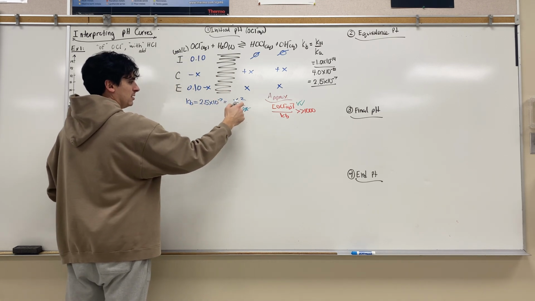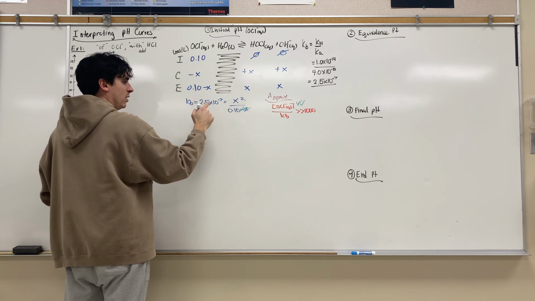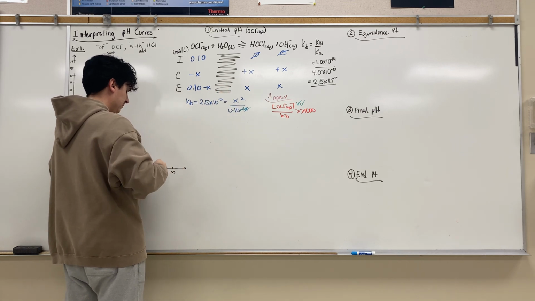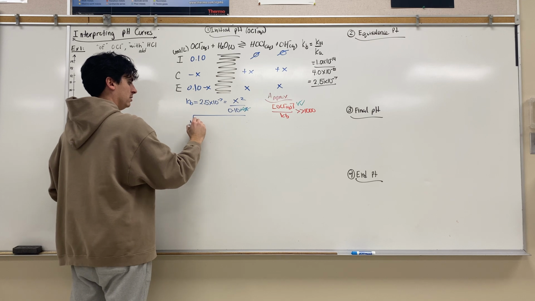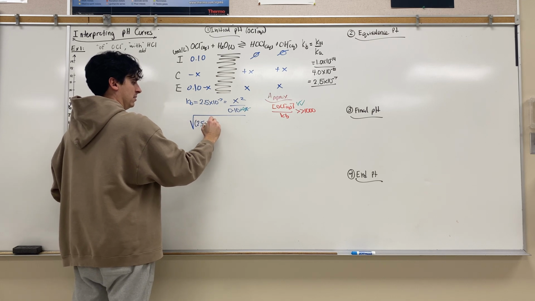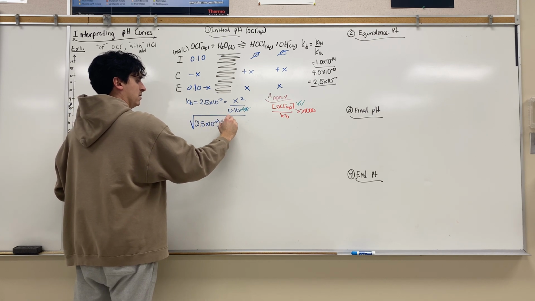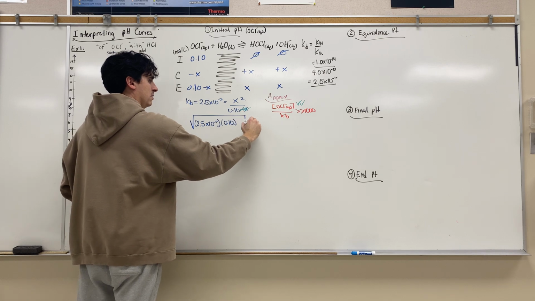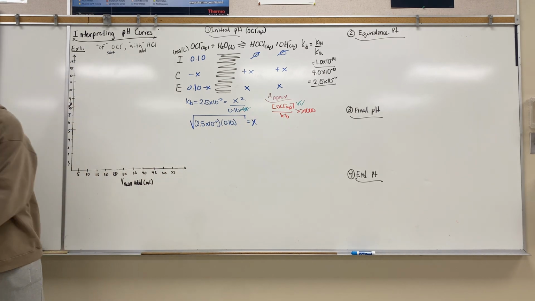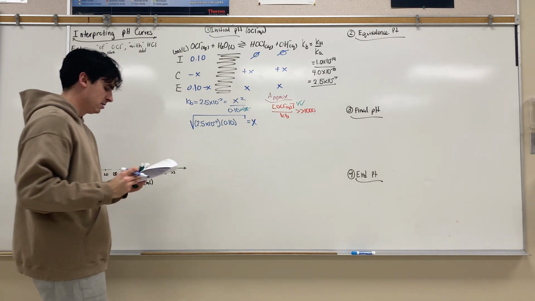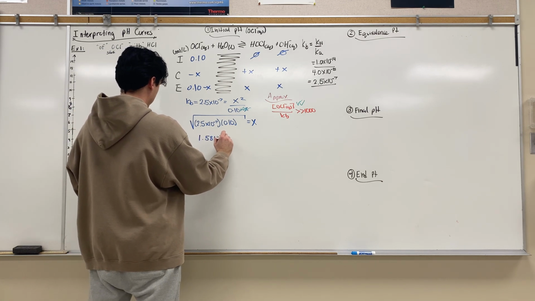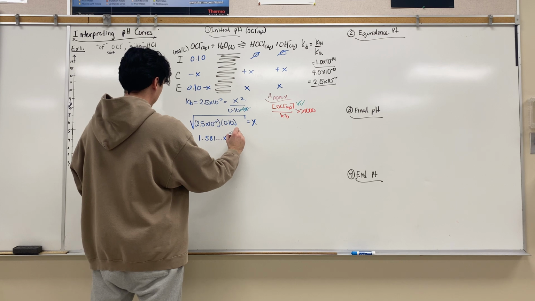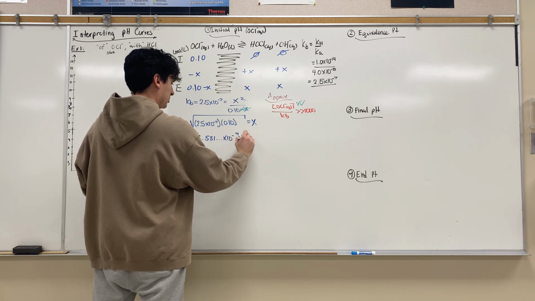You want to get X, you multiply both sides by 0.1 and then square root, just like always. And so our X value is going to be 1.581 times 10 to the negative 4 moles per liter.